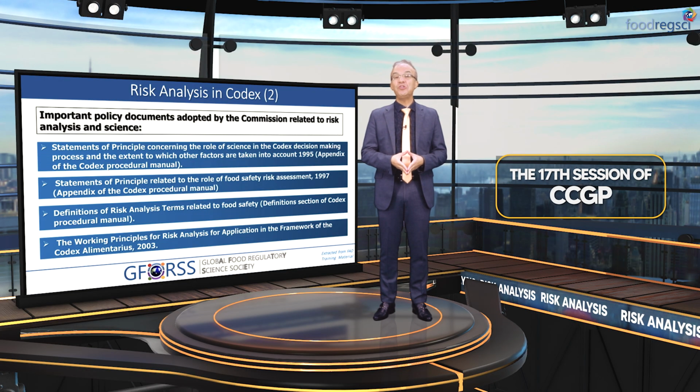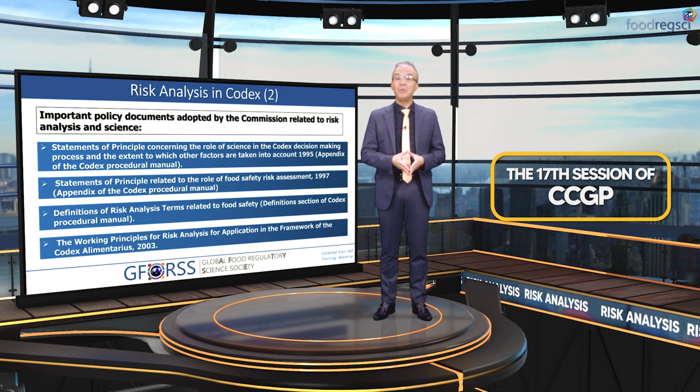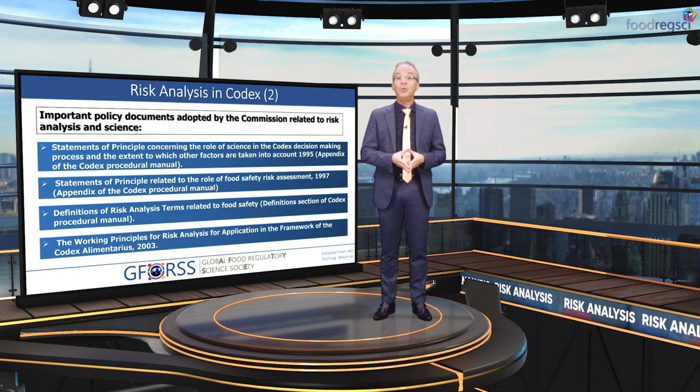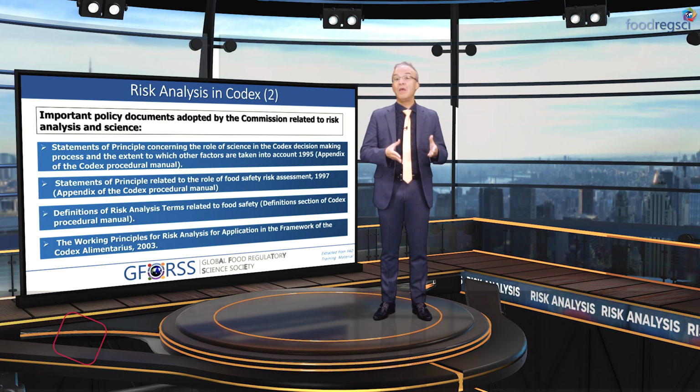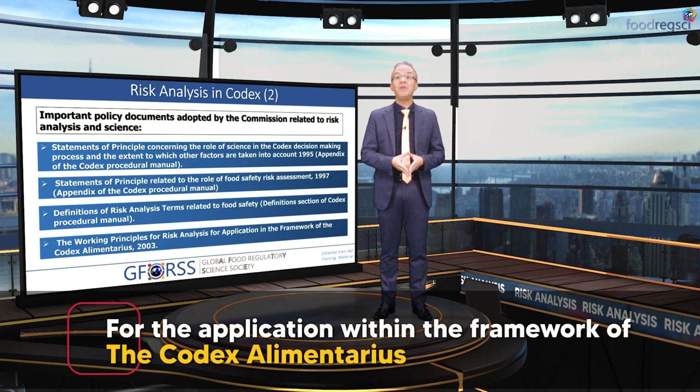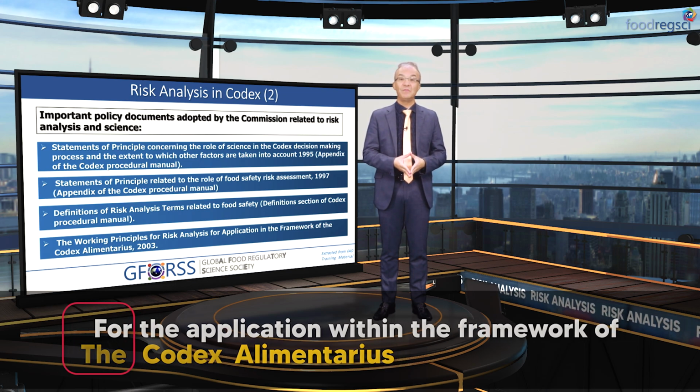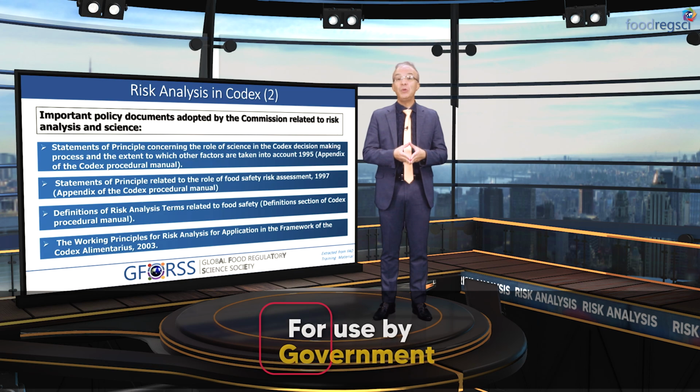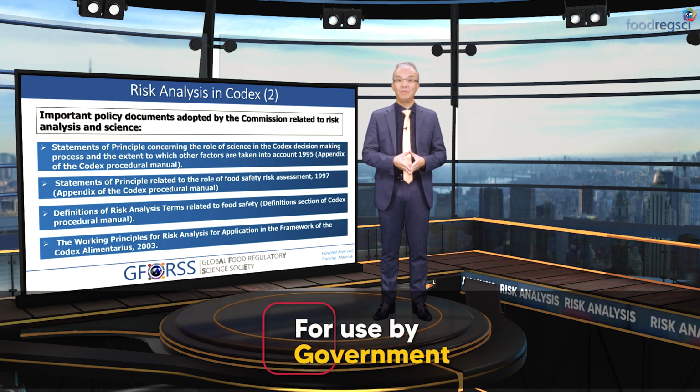Several policy documents were developed and adopted by the Commission related to risk analysis and science. The 17th session of the Codex Committee on General Principles, CCGP, held in April 2002, agreed to develop two separate sets of principles. A first set for the application within the framework of the Codex Alimentarius, meaning guidance to Codex committees. The second set for use by governments.